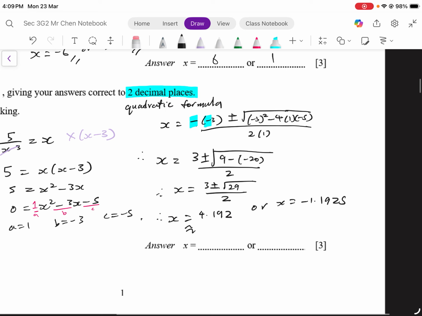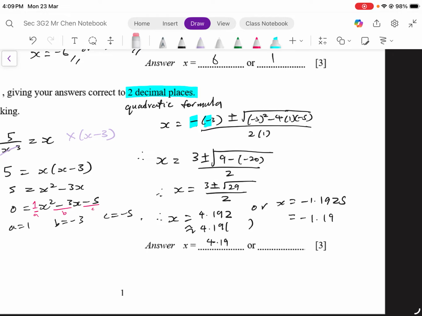Okay, 3 significant figures: 4.193 SF or minus 1.193 SF. So your answer will be 4.19 because 2 decimal place, right? Sorry, this is 2 decimal place.